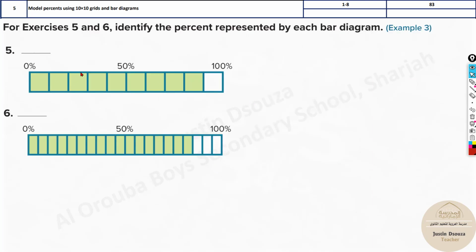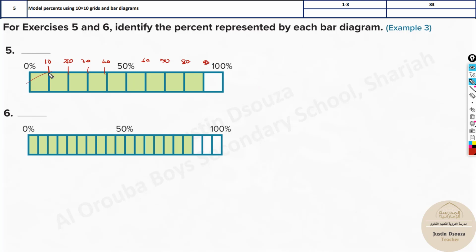And over here, we need to tell how much percent it is. Now we don't have a 10 by 10 grid. It's not 100%. It's different. 0, 50, 100. So how many blocks are there from 0 to 50? There are 5. This will be 10%, 20, 30, 40, 50, 60, 70, 80, 90, and 100.